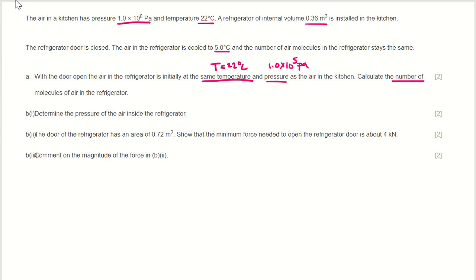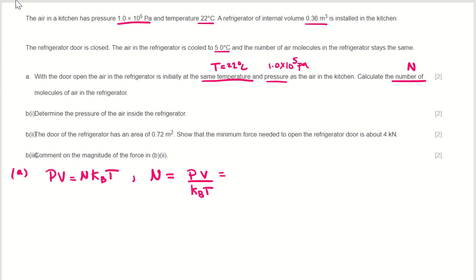Calculate the number of molecules of air in the fridge. So to solve part A, I can use PV equal nRT, of course, but I'm not going to use nRT because he wants N, so N K_B T. And what you can do here is rearrange this equation in such a way that you make N the subject of this equation. And all you have to do is just substitute.